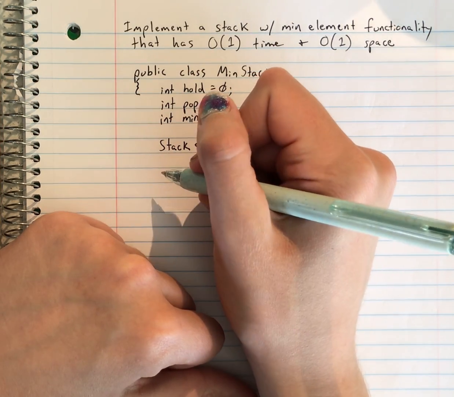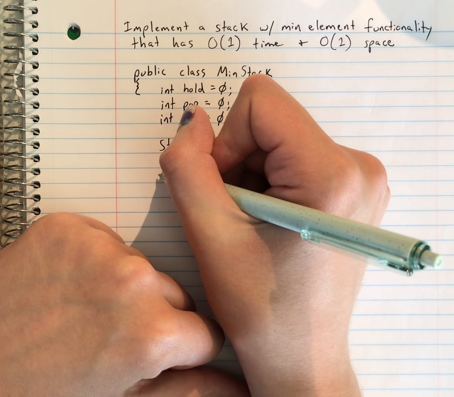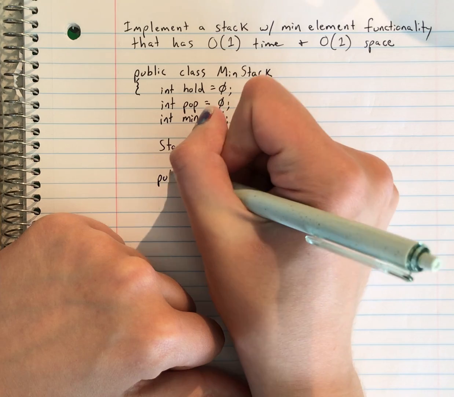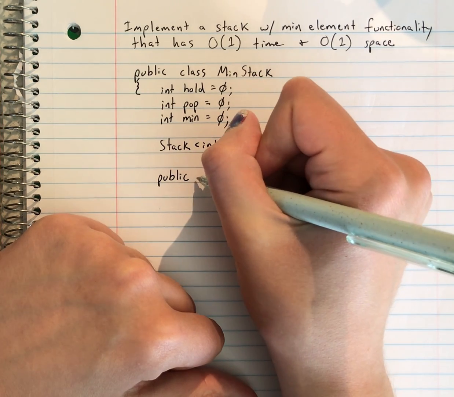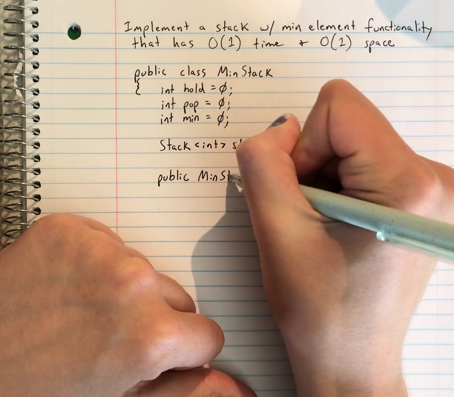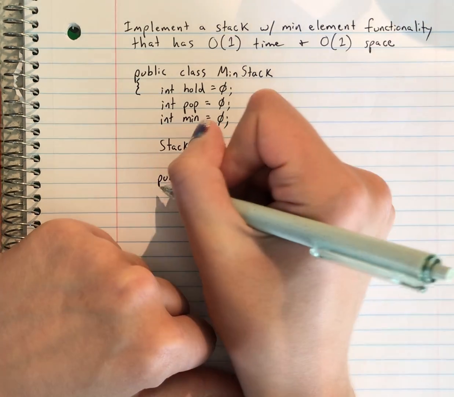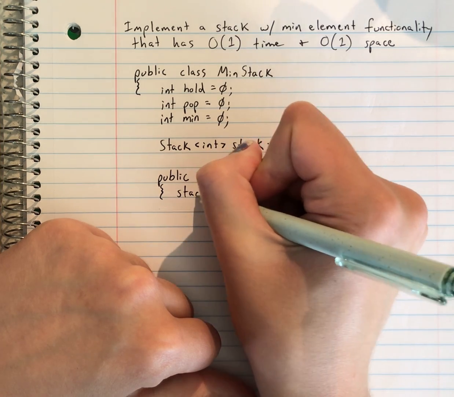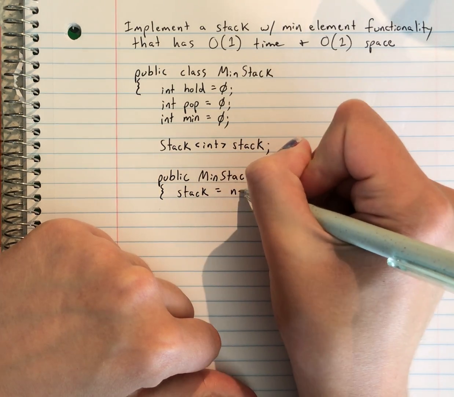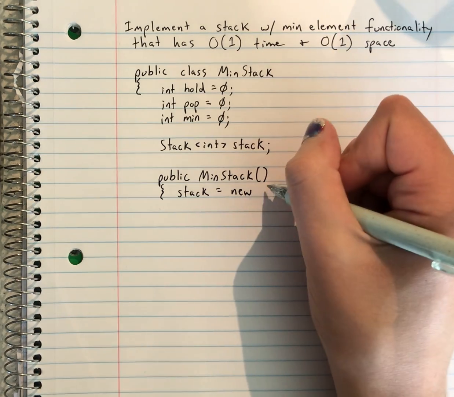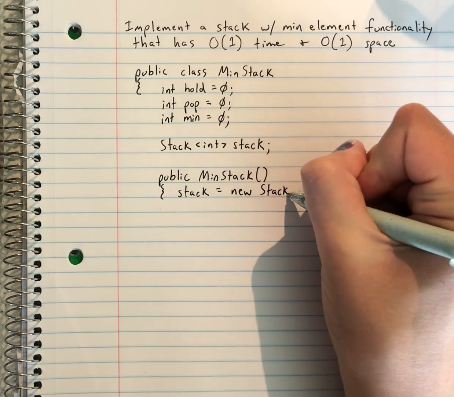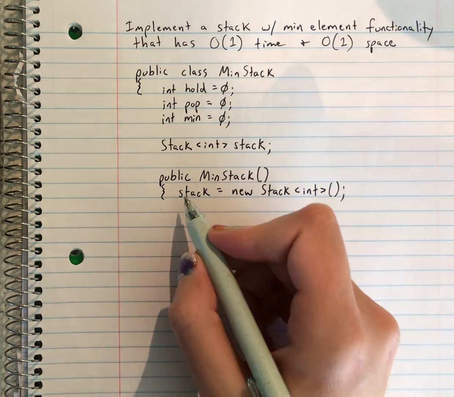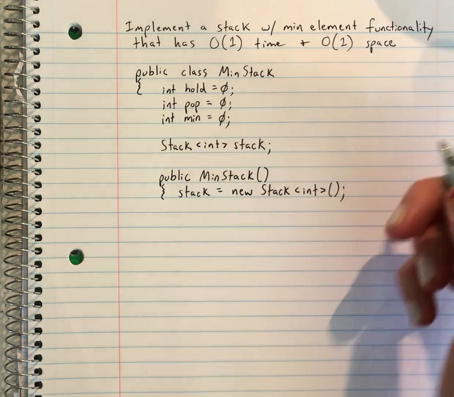We'll set up our constructor to create a new instance of a stack, named the same as our stack here.